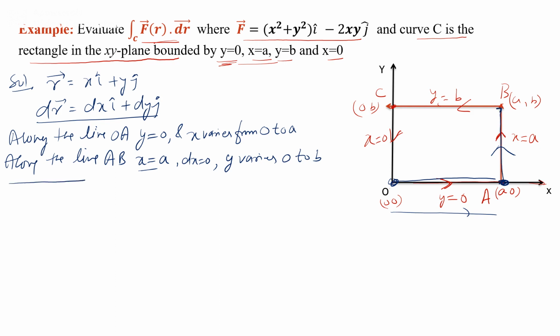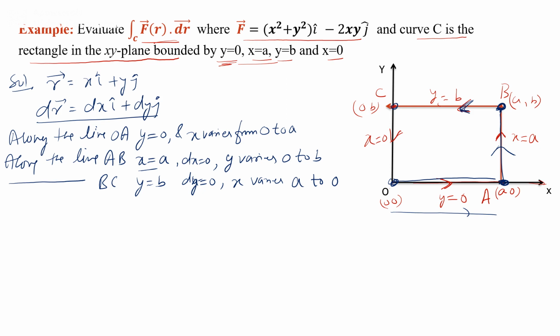Similarly along the line BC, here y is equal to b and dy is equal to 0, and x varies from a to 0. You have to remember the direction.